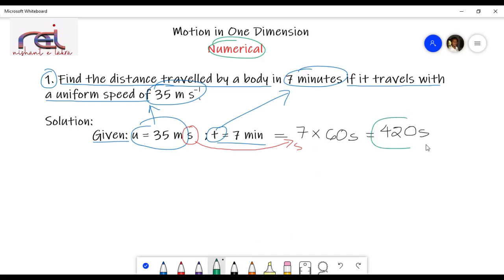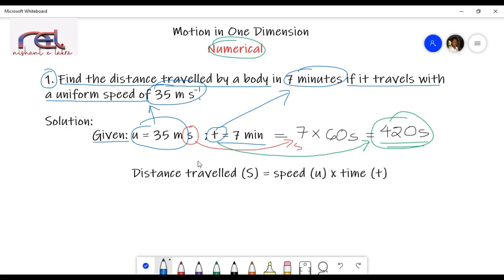So now we have time as 420 seconds. Let's solve further. You know it very well, right? The formula to find distance traveled. It is speed into time.